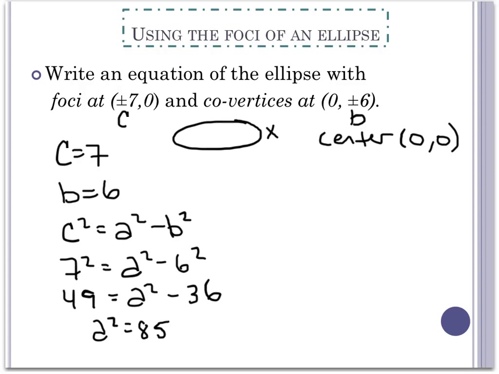Because this is a horizontal ellipse, I know that my a squared value will go underneath the x squared. It's always a plus sign for an ellipse. And then our b squared value goes underneath the minor axis, which is our y-axis, and it's always equal to 1.